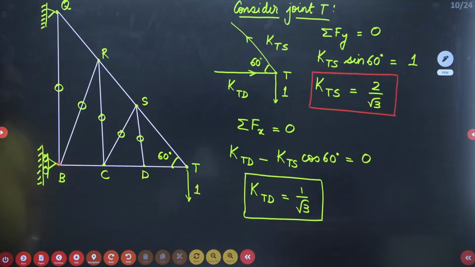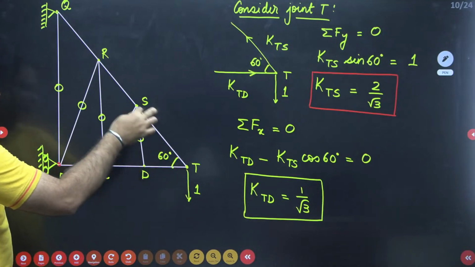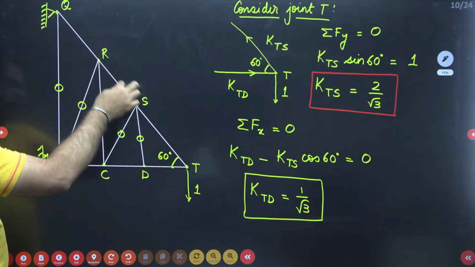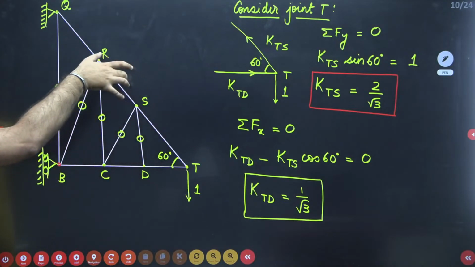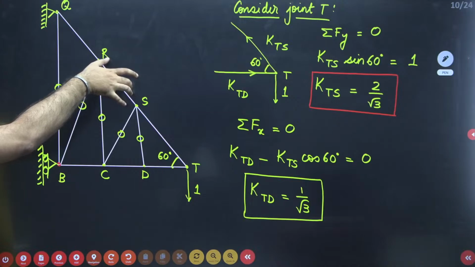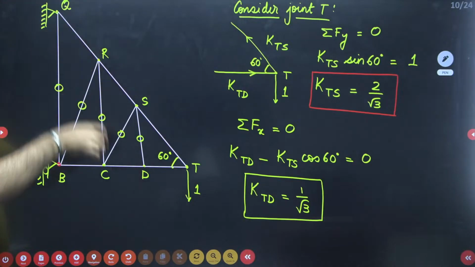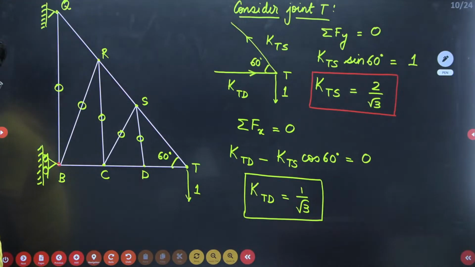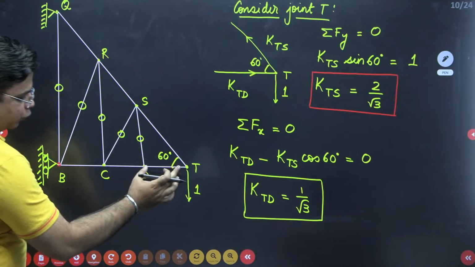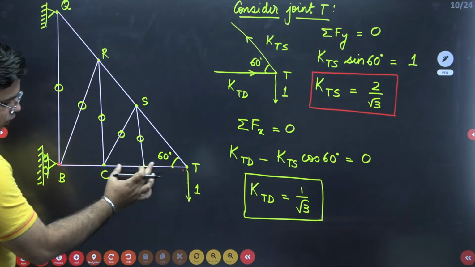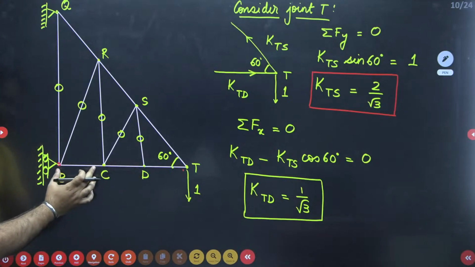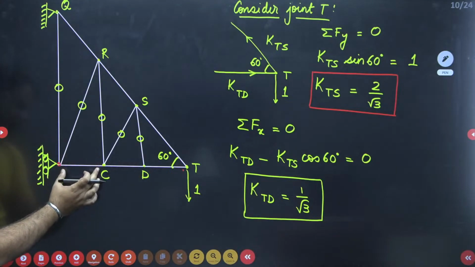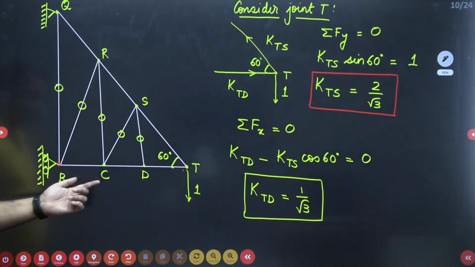Again, if you check these collinear members, the force in member KTS is equal to the force in member SR, equal to the force in member RQ, and that will be 2 by root 3. Similarly, the force in member TD will be equal to the force in member DC, equal to the force in member CB, and this will be 1 by root 3, compressive in nature.